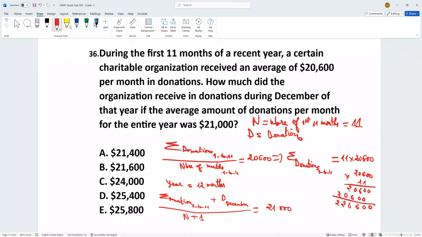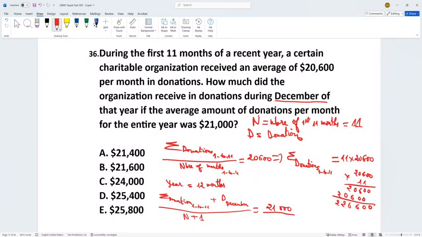They want us to find the amount the organization received in December, the extra amount that made the new average 21,000.